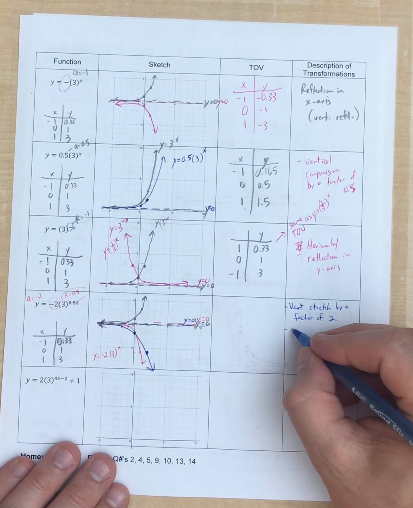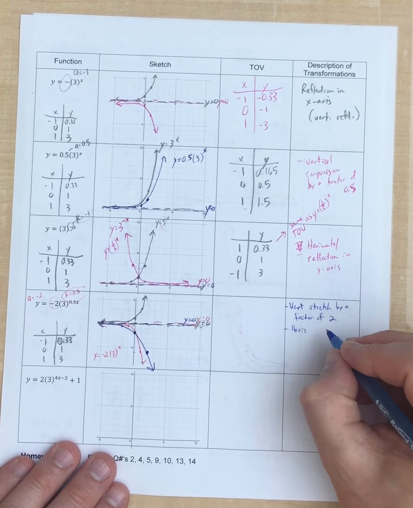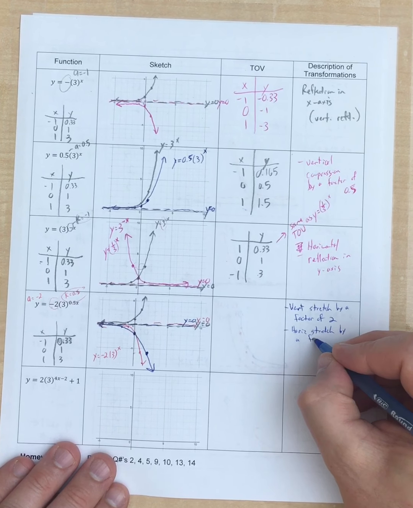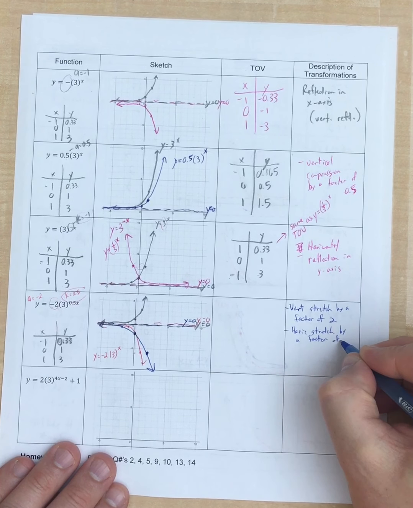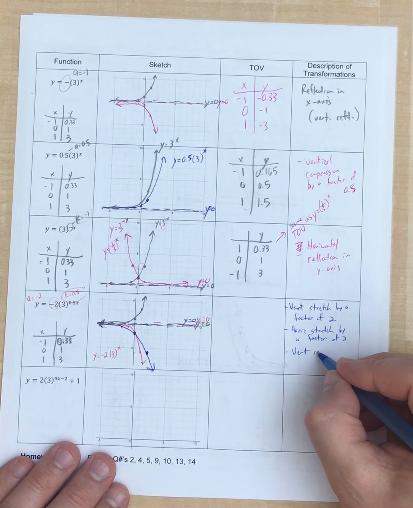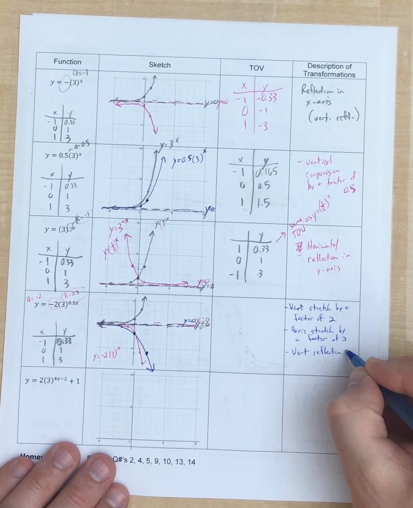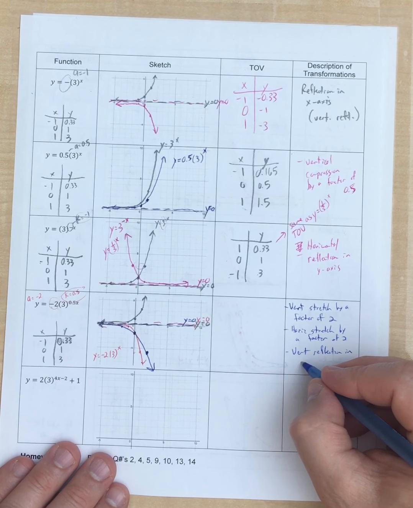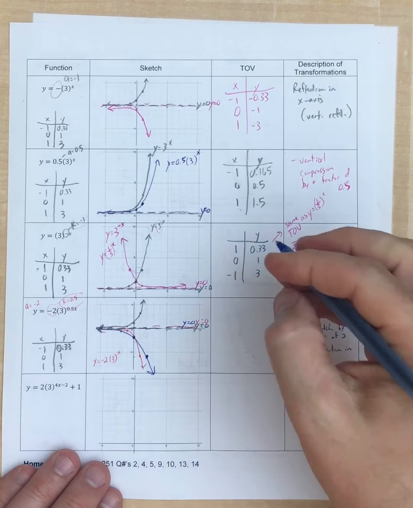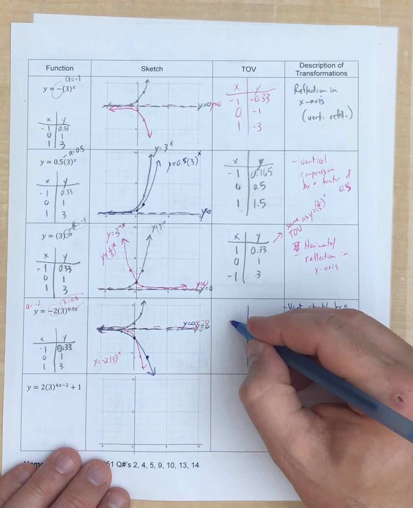We get a horizontal stretch by a factor of 2. And then we get a vertical reflection in the x-axis.